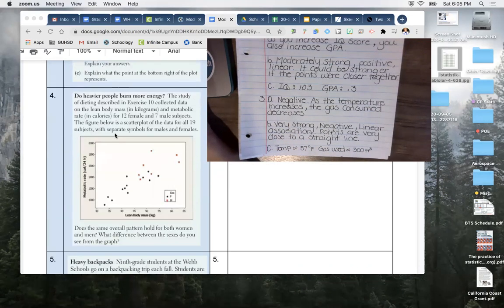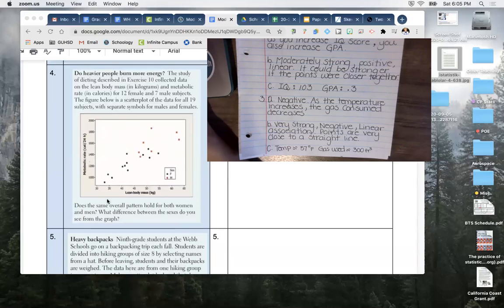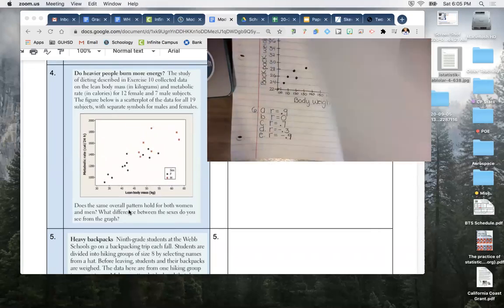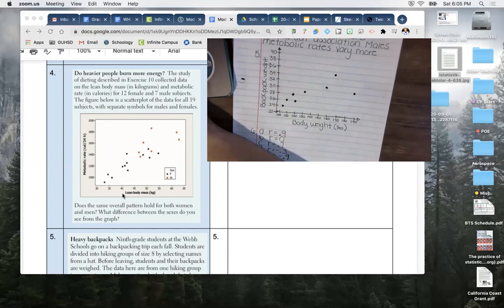Okay, number 4. In this one, it's talking about lean body mass and then the metabolic rate. So as your lean body mass increases, it looks like the metabolic rate also increases. You'll notice a difference in the shapes of the graphs here because we have males being the red and females are the purple dots here.